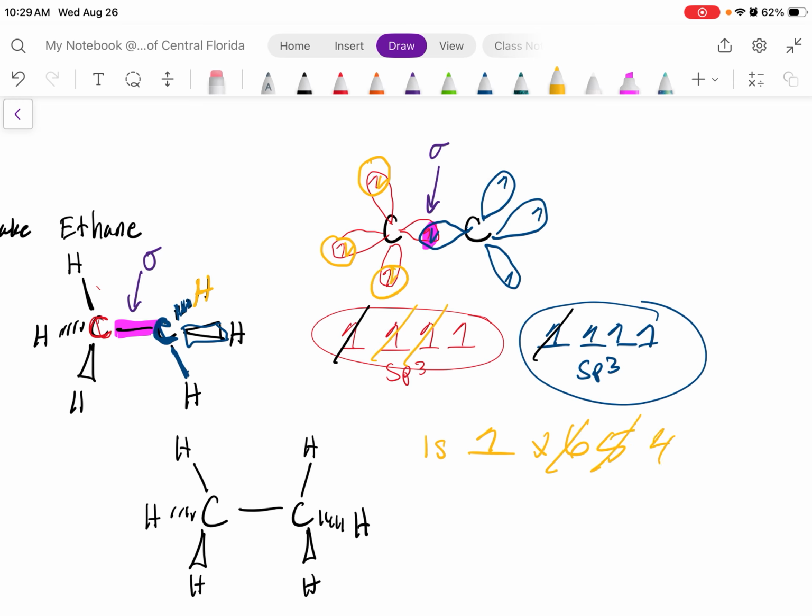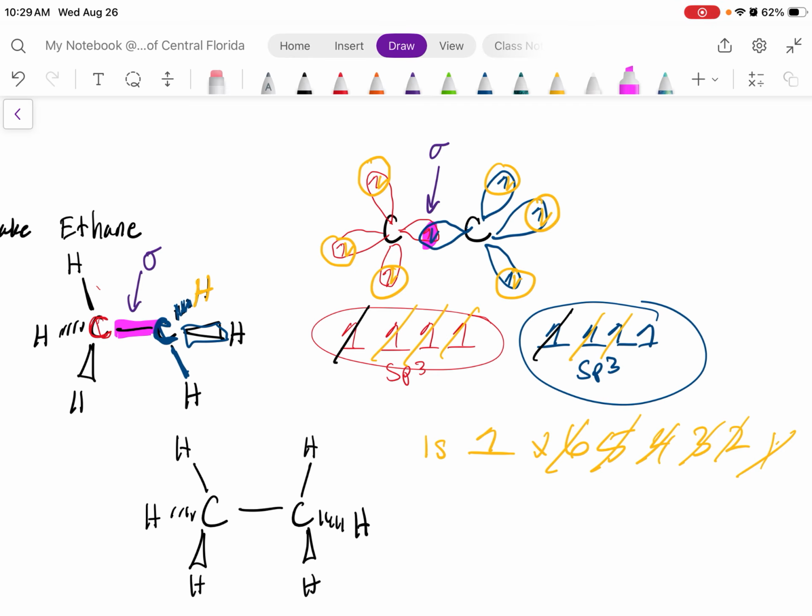And all the way around, you can see that I'm just keeping track of all the electrons and where they're at. This one, boom, down to 2. This one, down to 1. And then our very last one, like this.